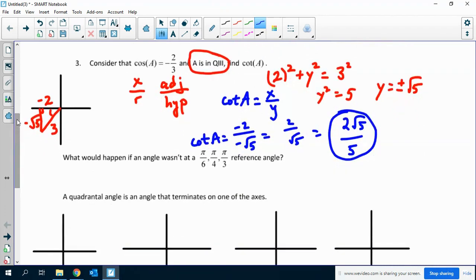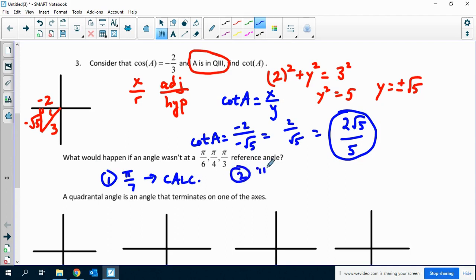Now, what happens if we're not at a reference angle that's nice? Well, there's actually three options. Option one, let's say we have pi over 7 or something that we don't know and is prime to all of these numbers, we would probably use a calculator in order to figure it out.